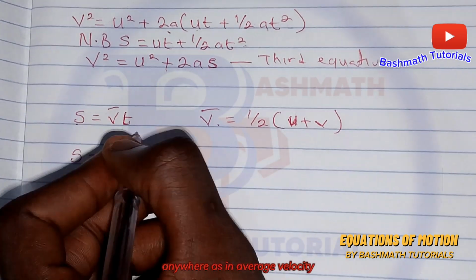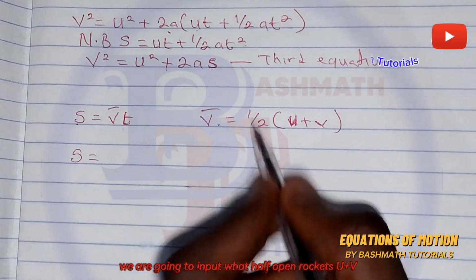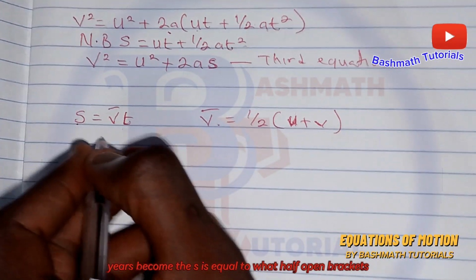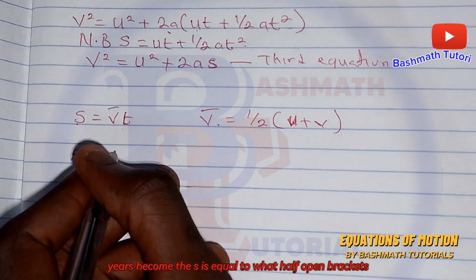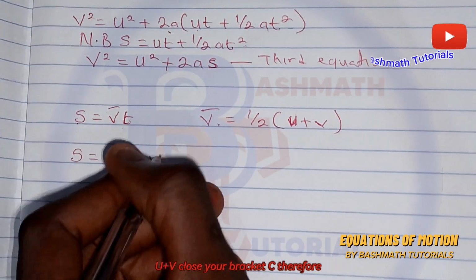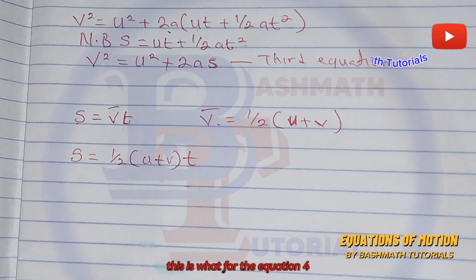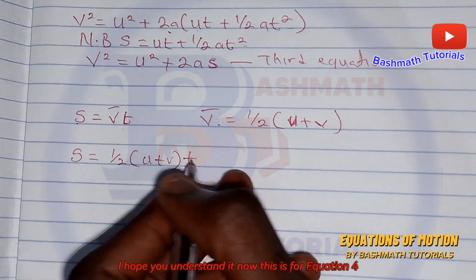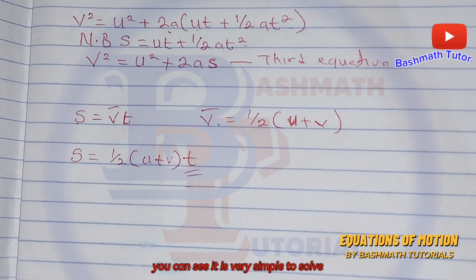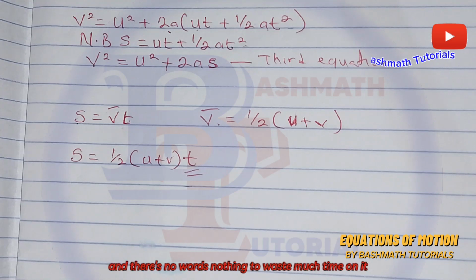Therefore anywhere we are seeing average velocity, we are going to input half open bracket u plus v. Therefore here it becomes s is equal to half open bracket u plus v close bracket t. Therefore this is the equation 4. I hope you understand it now. You can see it is very simple to solve, and there is nothing to waste much time on.